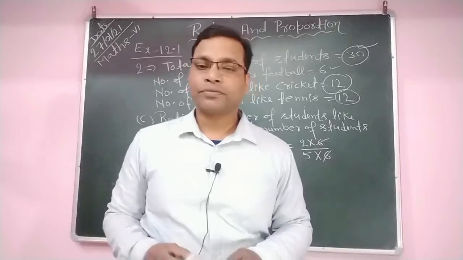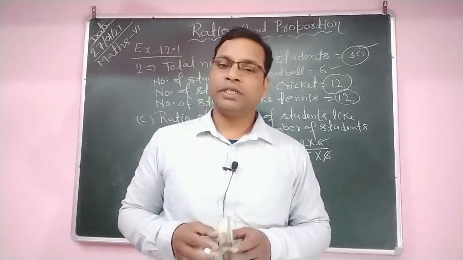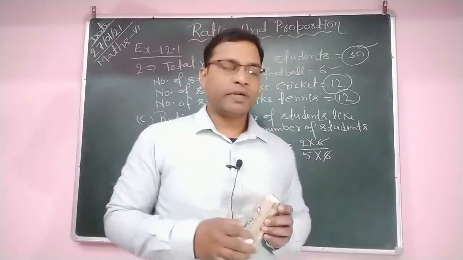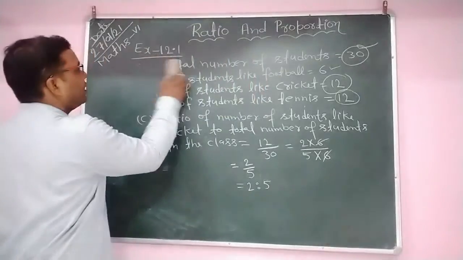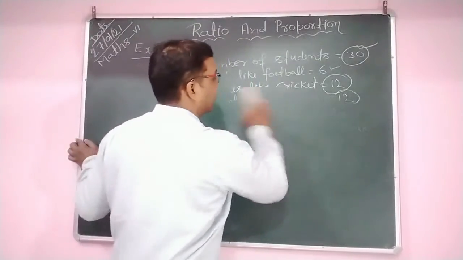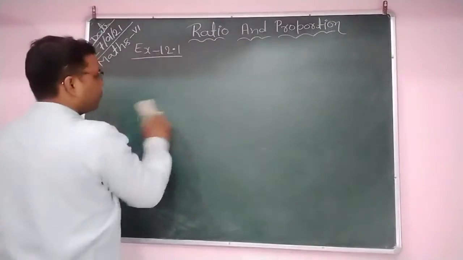Now we are going to discuss the next question, question number 3. In question number 3, one figure is given here, and we need to find ratios regarding this figure. I hope all of you understood question number 2.